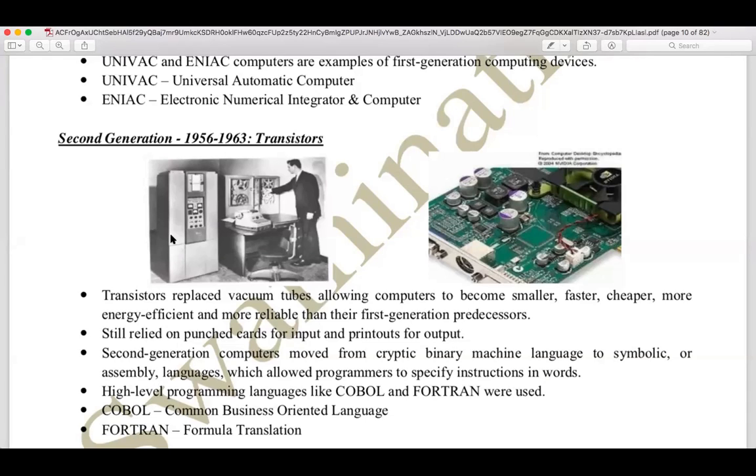Punch cards are used for inputs and printouts for outputs. They work on binary machine language, because machine language we will discuss in the next part, along with the different types of languages and number systems we have in the fundamentals of computers, which I think will start from tomorrow itself. For the second generation computers, examples are COBOL and Fortran, which are high-level programming languages that were used in the second generation, from 1956 to 1963. That was the era of the transistor.